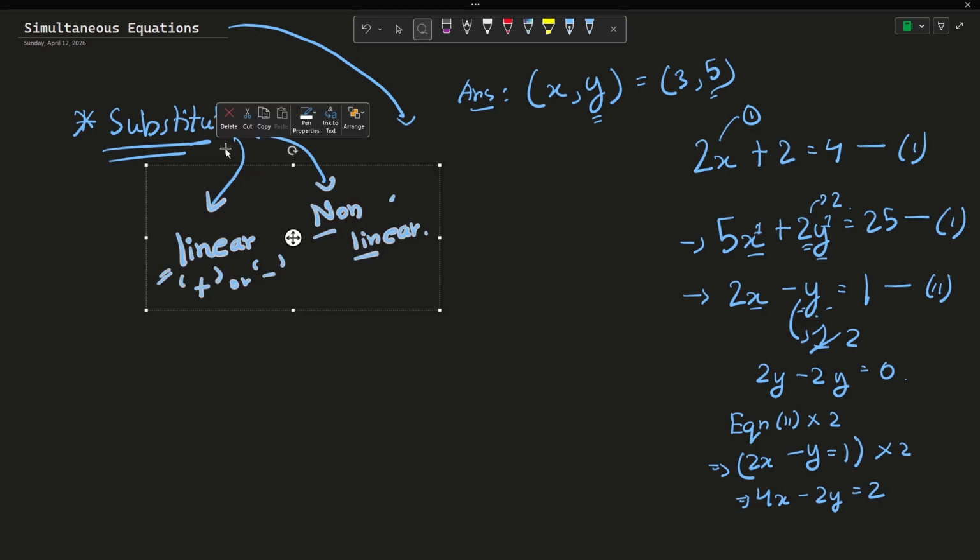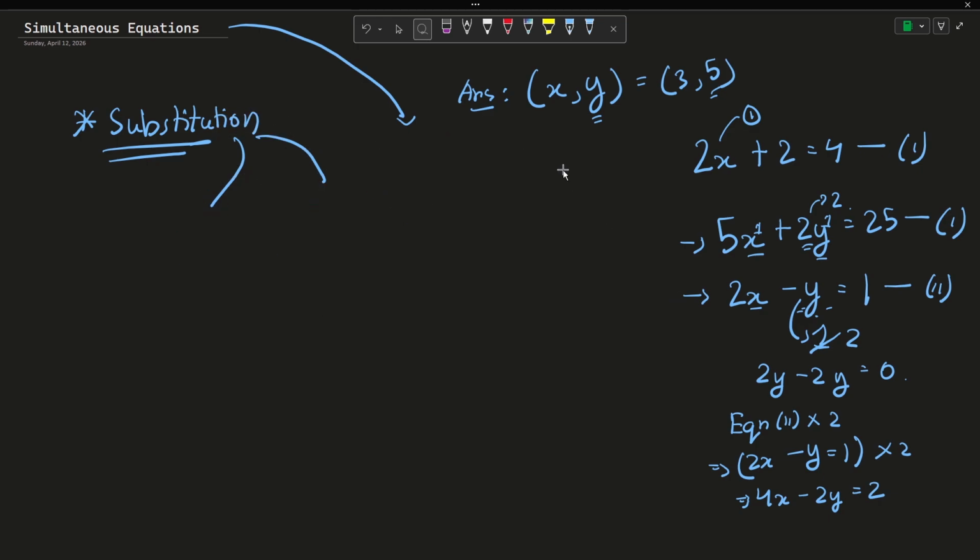Now I'm going to solve this same set of simultaneous equations using substitution. In substitution, what we first do is make one of the variables the subject of an equation. Let's say I'm taking equation 2, 2x minus y is equal to 1. I will make one of the variables the subject.